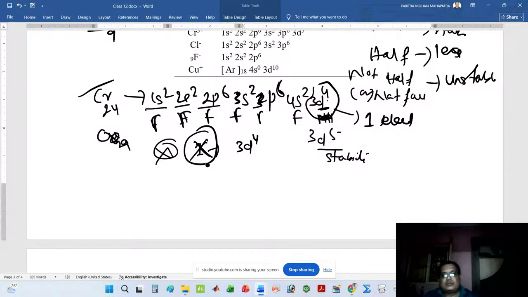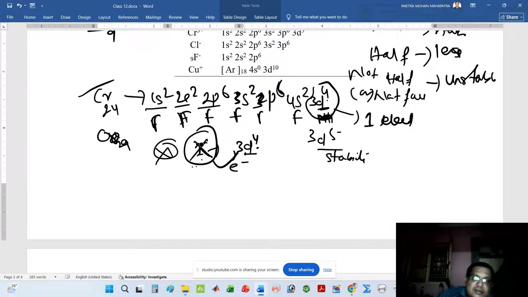One electron shifts to 3d, then 3d becomes 3d5 and it is stable, and the whole atom is stable because the remaining orbitals are already stable due to being fulfilled. Which type of orbital will donate one electron to 3d? The orbital which has nearly the same energy, or the same energy, as 3d.